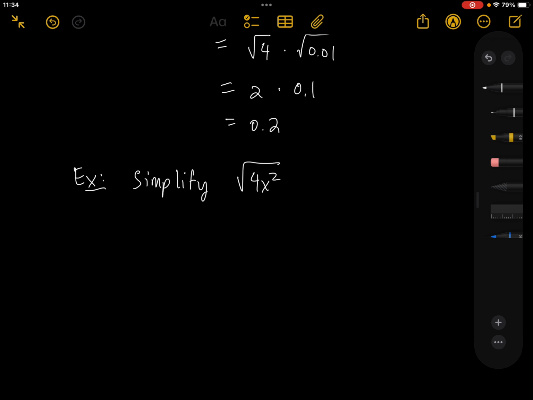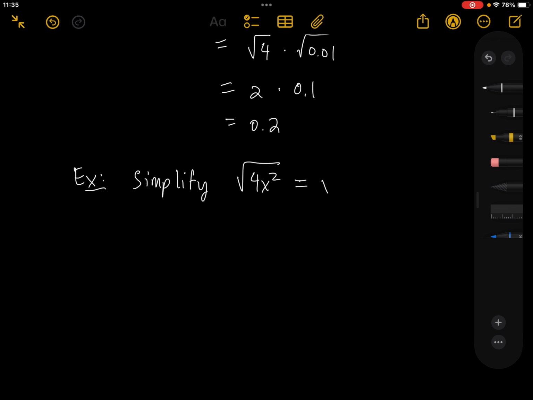Right now I have a 4, that's a square number, it's 2 squared. I have x squared, and that's x times x. So I want to rewrite that so that there are no squares on the inside. And remember, x stands for a number. So when I see 4x squared, I'm thinking x is some number, I just don't know what the number is. So I do have the square root of a number, I just don't know what it is.